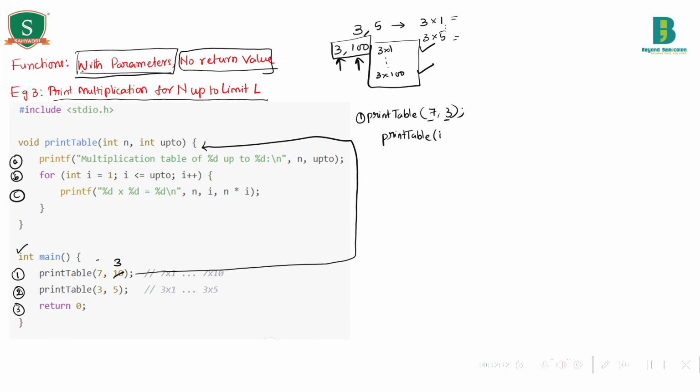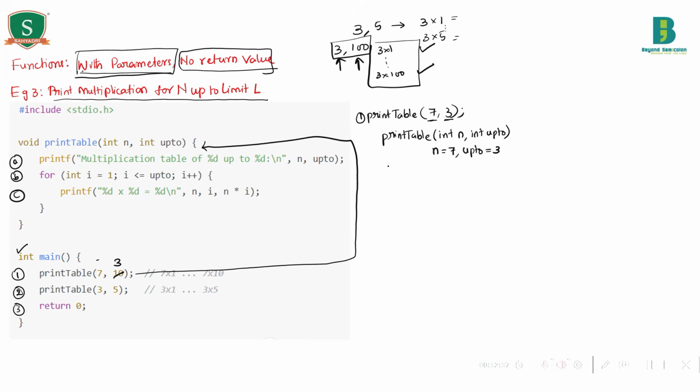It is taking 2 parameters, int n and int upto. So these are the 2 parameters. It is very evident that 7 and 3 are the 2 values that we are passing. The n value becomes 7, the upto value becomes 3, right? I guess this point is very clear to you all.